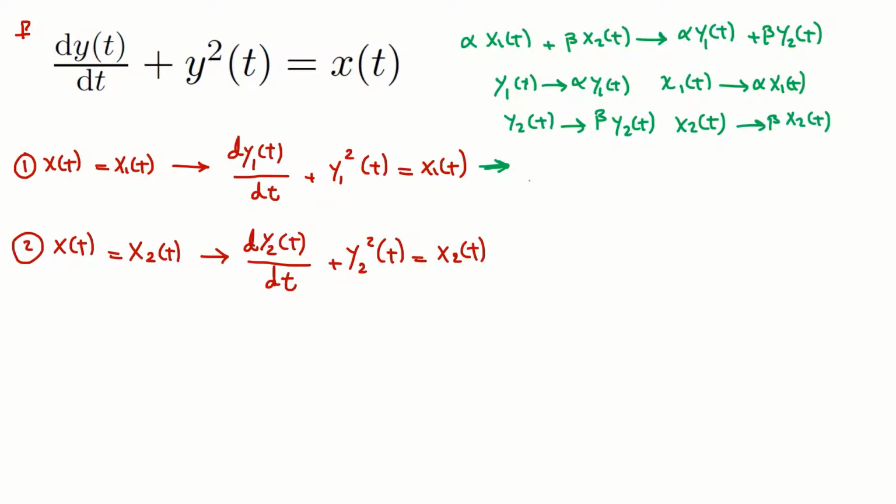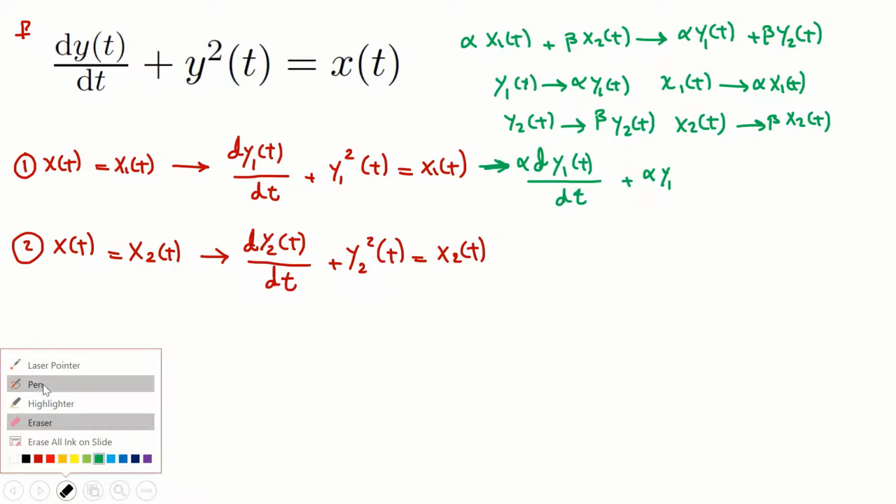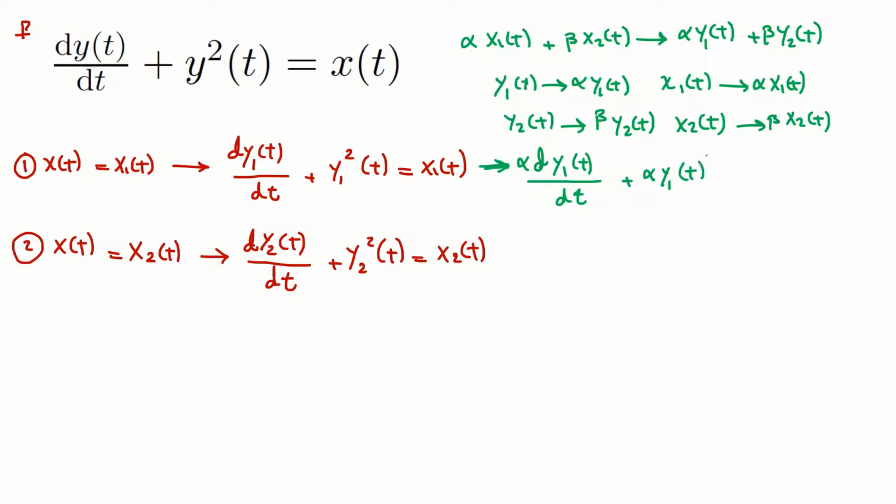Okay, that means here, in a linear system, we would have alpha dy1(t) over dt plus alpha y1 squared, that equals alpha x1(t). And instead of this I can write alpha squared y1 squared(t).